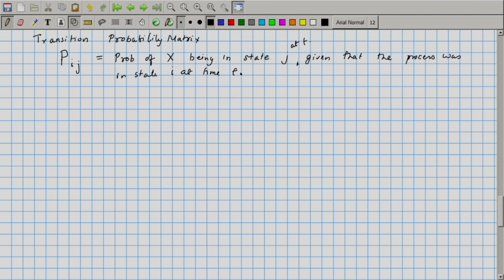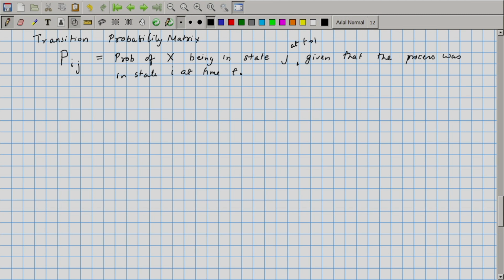This is at time t plus 1. So, if at time t the Markov chain is in state i, at time t plus 1, what is the probability that the chain will be at state j? By the state of the chain, we mean the value that the random variable x t takes.